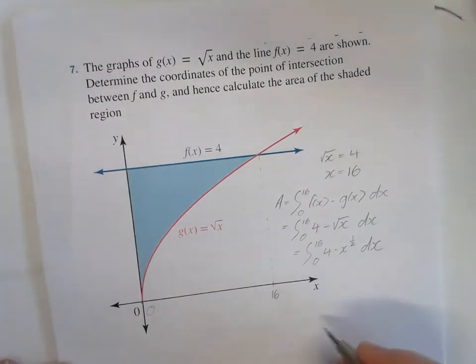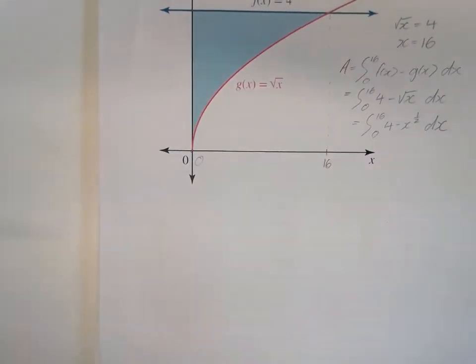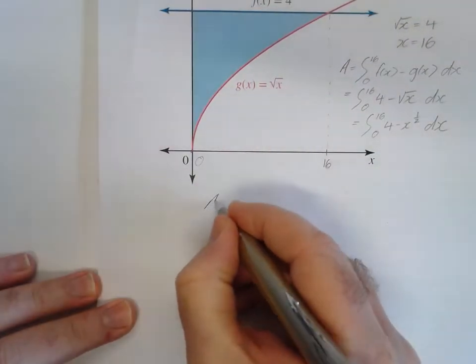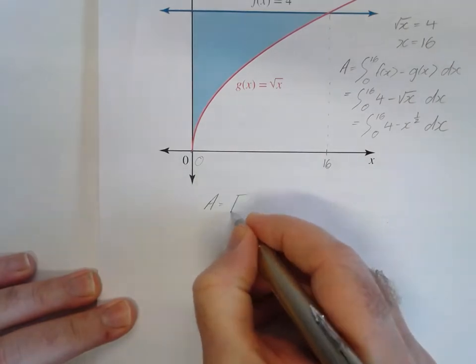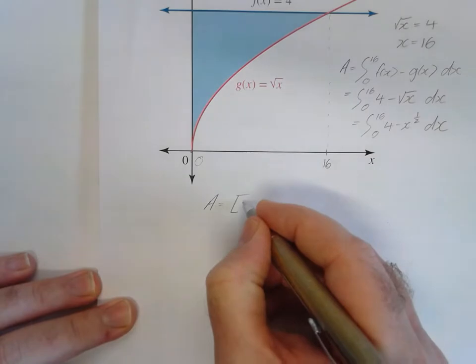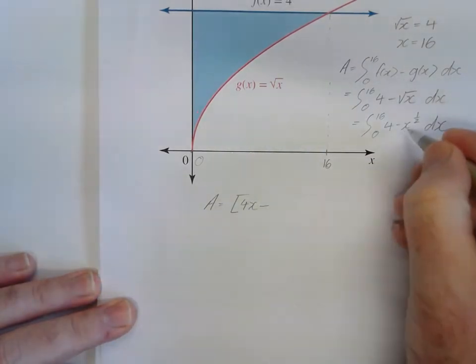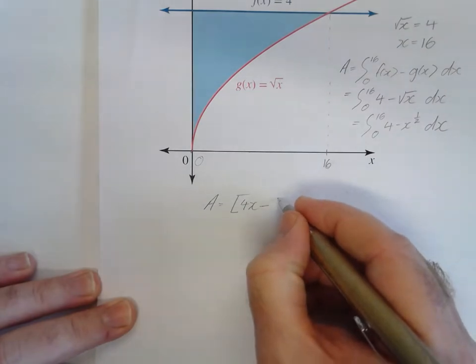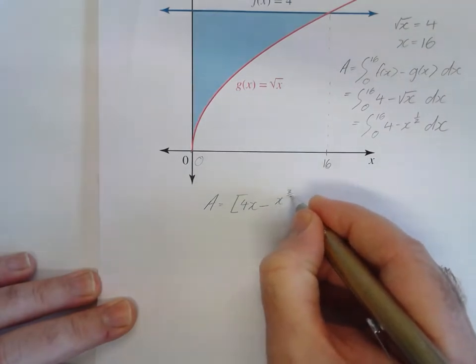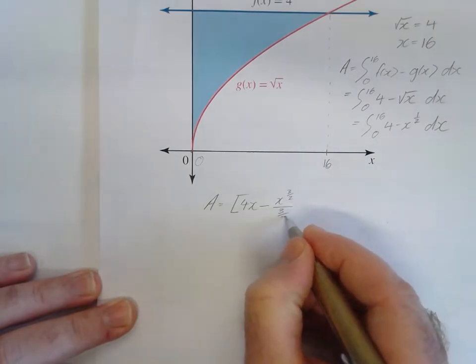So my area will now become... I've got to integrate this difference function here. So 4 becomes 4x, and minus x to the half will become x to the 3 on 2. Remember, you add 1 to the power and you divide by that new power, 3 on 2.